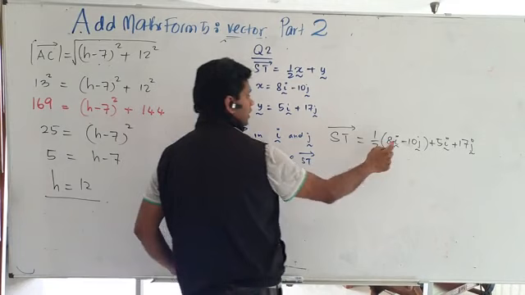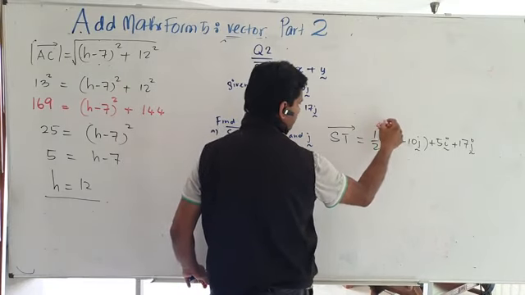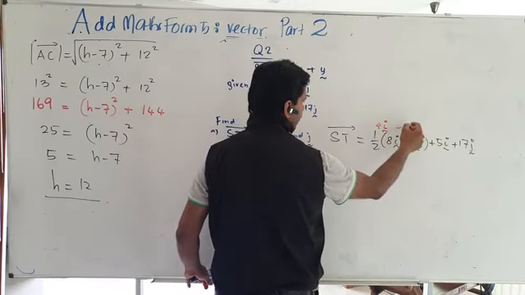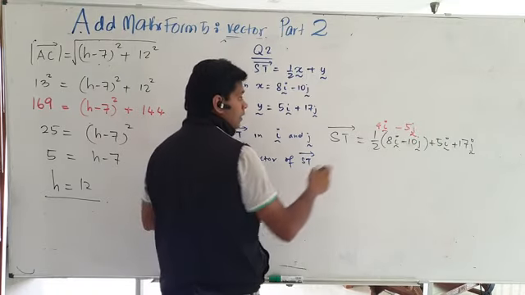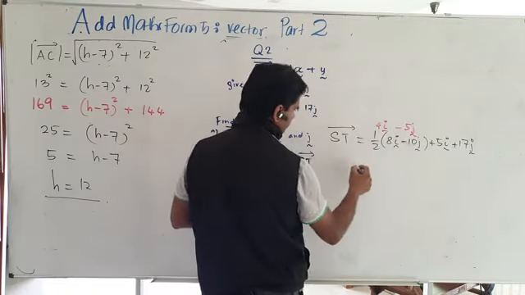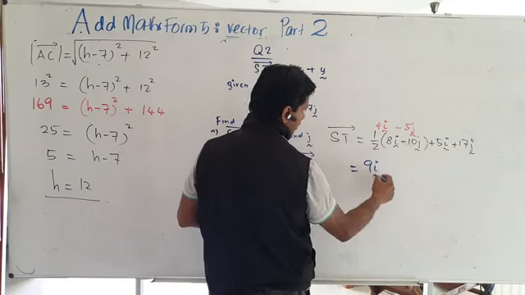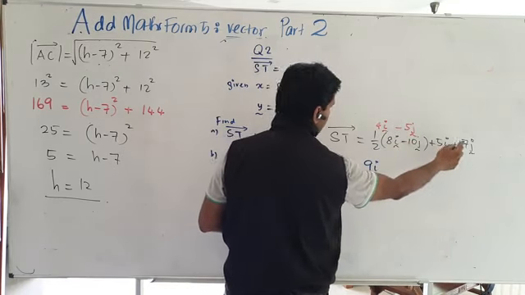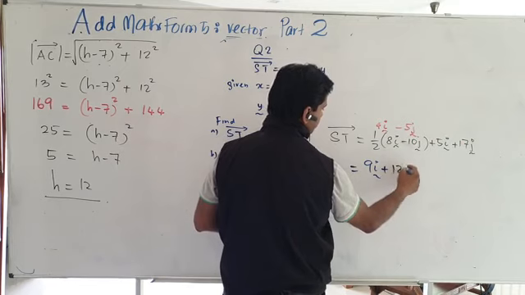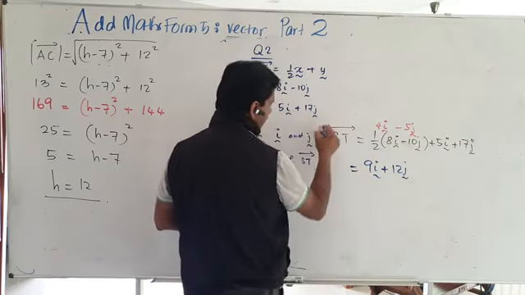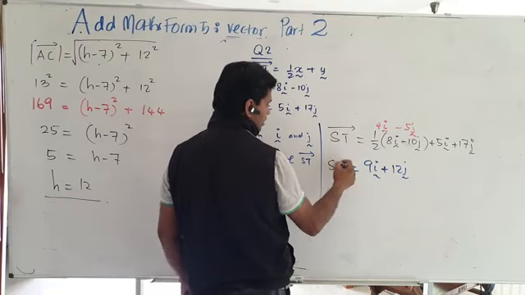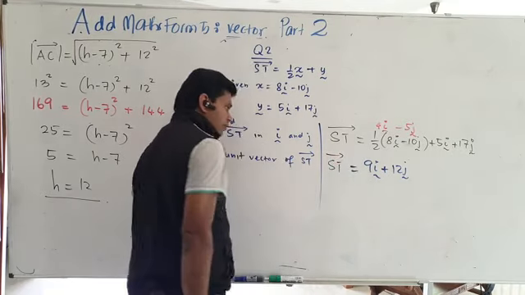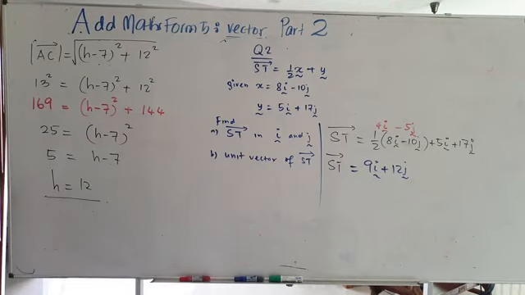Here half times 8 is 4i. Half times this is 5j. 4 plus 5, 9. Negative 5j plus 17j, I'm getting 12j. So now this is ST. We have found what ST is. Very straightforward. So that's probably just a 1 mark question.